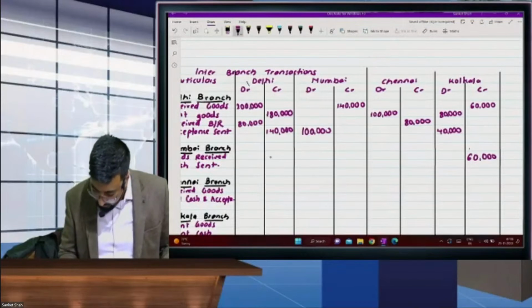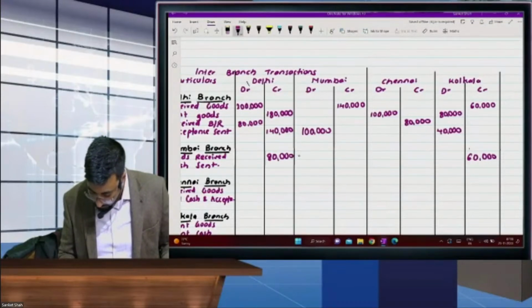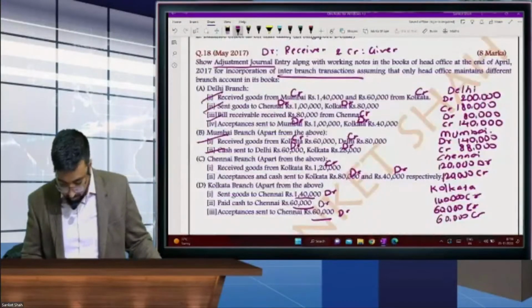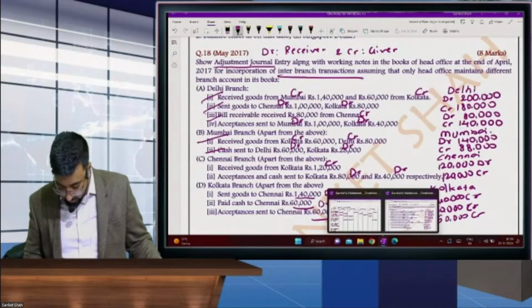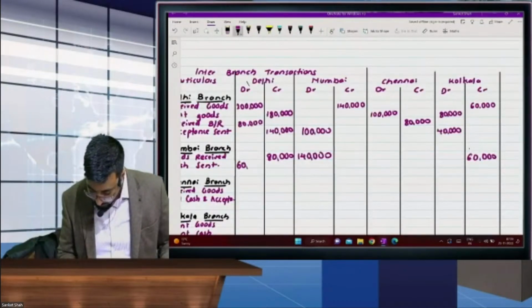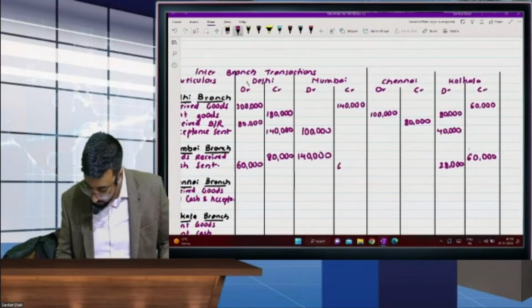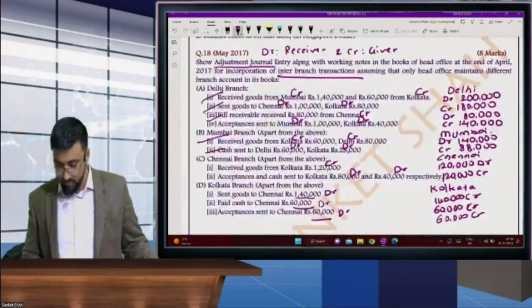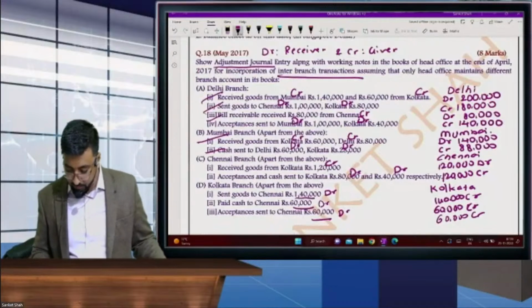Delhi 80,000. Mumbai 1,40,000. Over. Okay. Cash sent, debit, Delhi debit, Kolkata debit. 60,000. Kolkata debit 28,000. Mumbai credit 88,000. Mumbai ko credit kitna? 88,000.